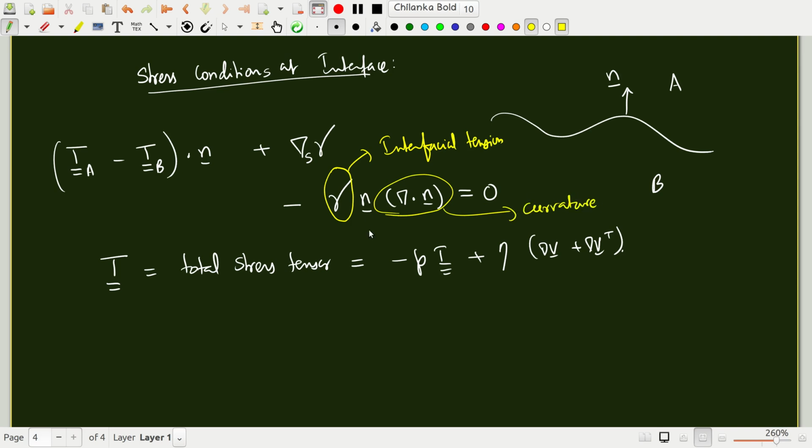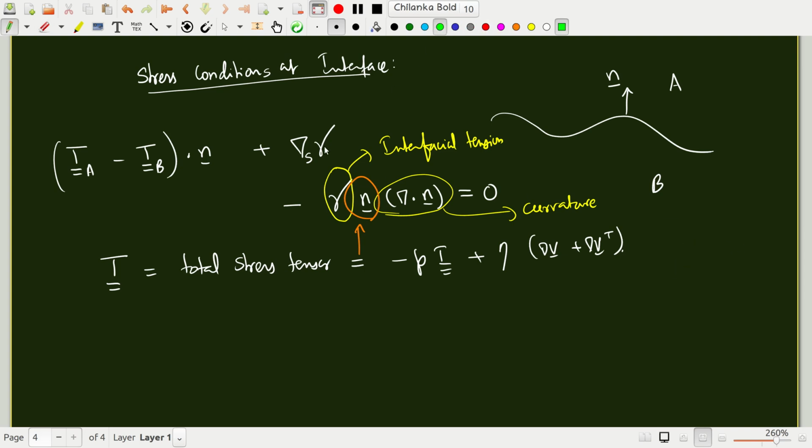This acts purely normally because of the n here. This means that it will come only in the normal component of the boundary condition. It will not appear in the tangential part. Whenever you have a curved surface, there is an extra pressure due to surface tension, and this is sometimes called capillary pressure. So that is this term.